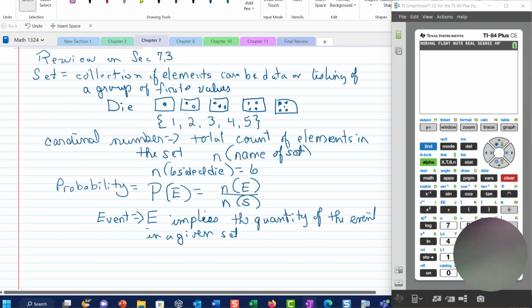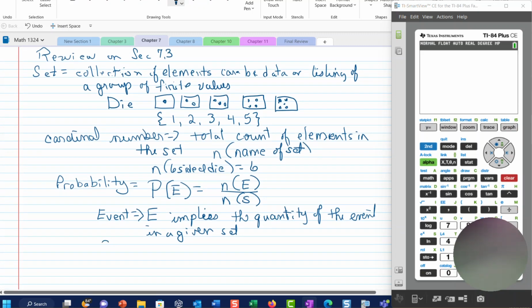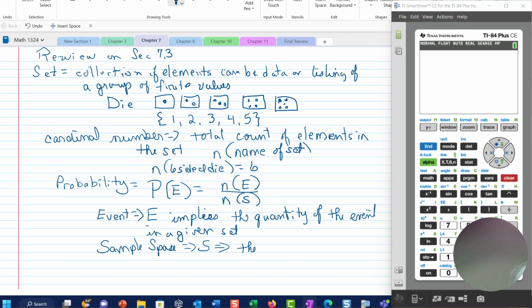And then the S is the sample space. And that is the S. And it implies a listing of all elements in the study.